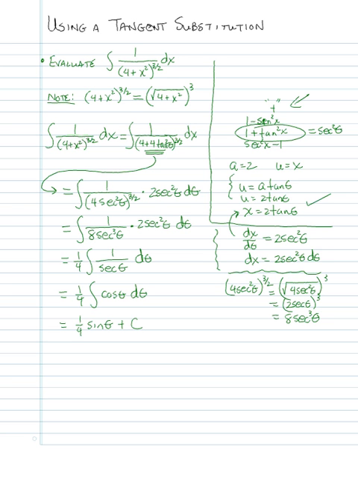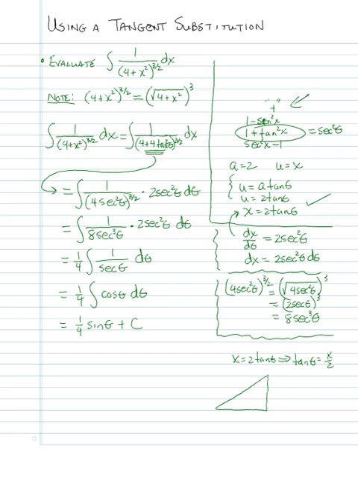But we're not finished, because we need to change this back from thetas into x's. Now here's where we started. x is equal to 2 tangent of theta, which means tangent of theta is x over 2. And remember, tangent is opposite over adjacent.